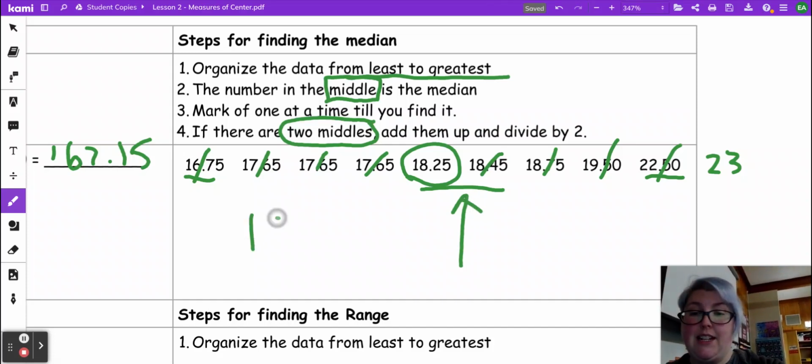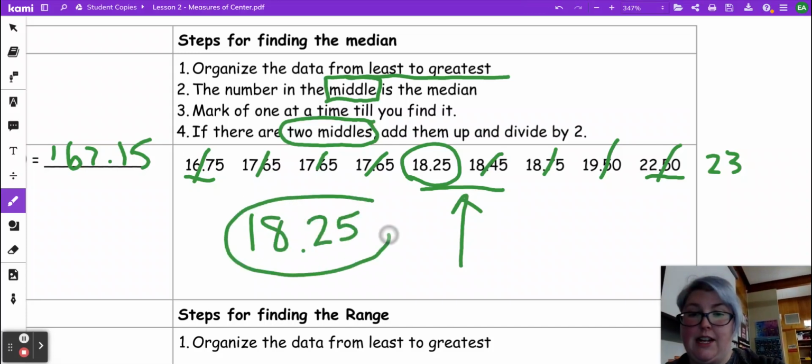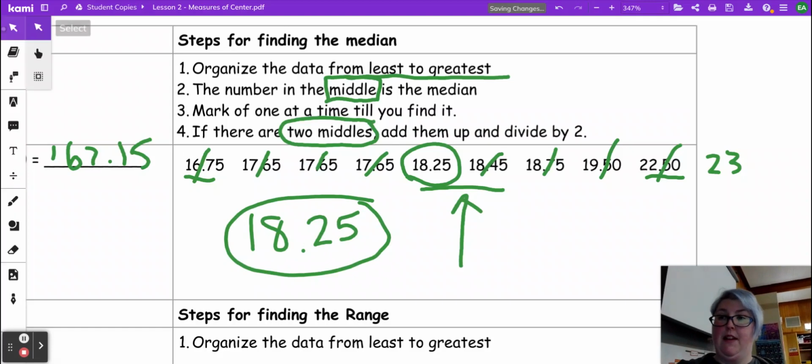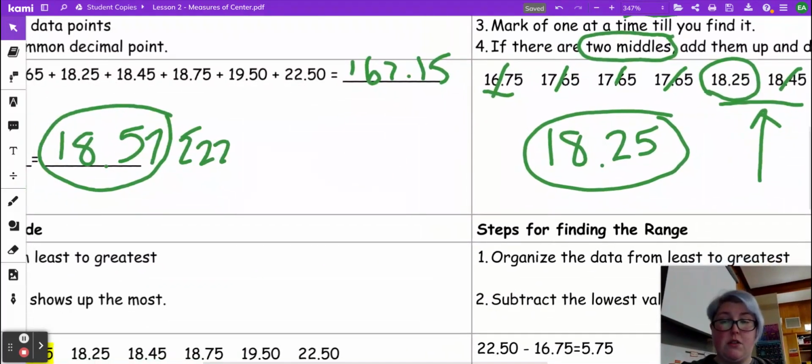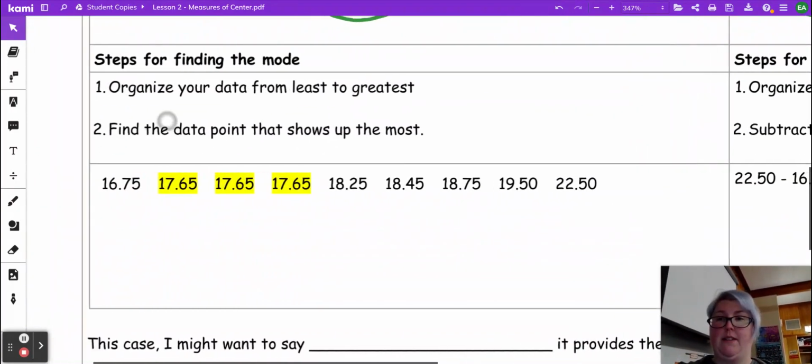For this data set on wages, $18.25 is the middle number. Like I said, the mean and median will sometimes be close, 18.57 versus 18.25, but not always.